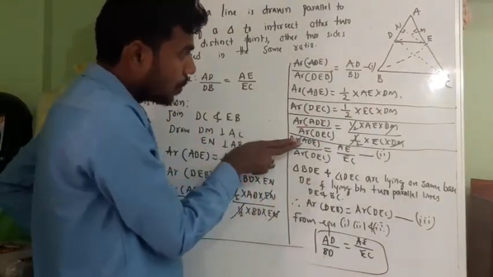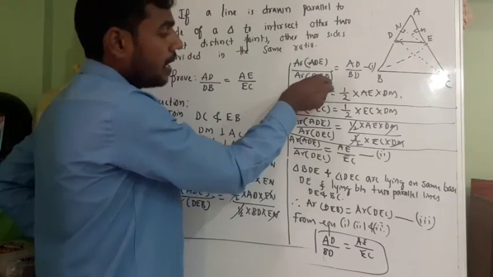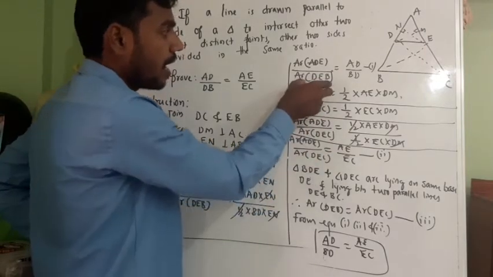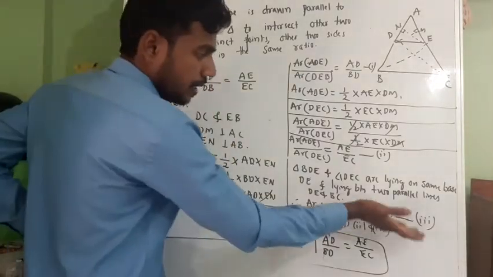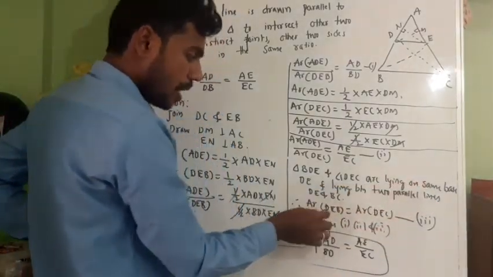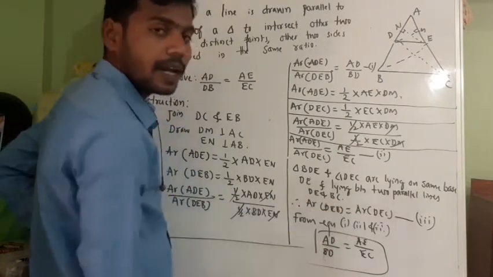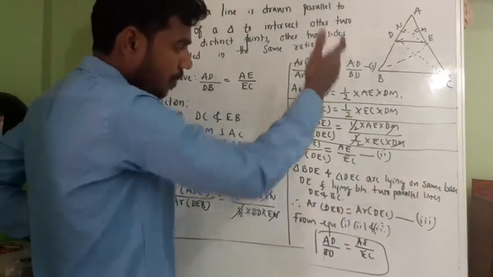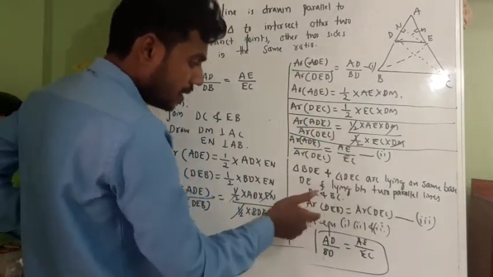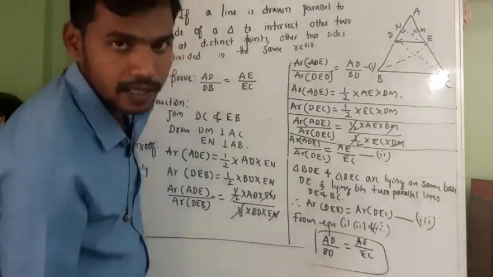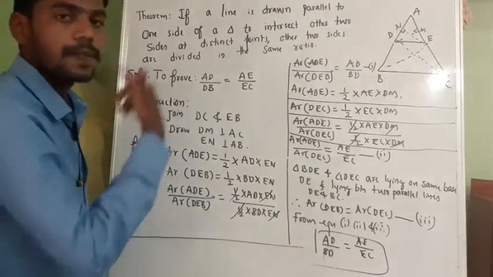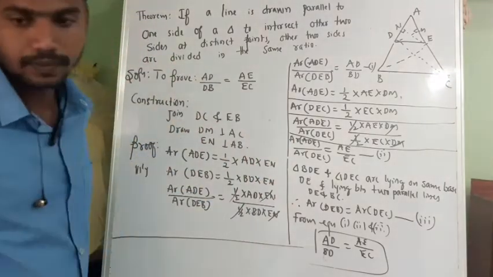I was supposed to prove area of triangle DEB is equal to area of triangle DEC. So through this statement I proved it. Because of that, from these three equations, AD by BD is equal to AE by EC. So this concludes your proof. Please note this down.